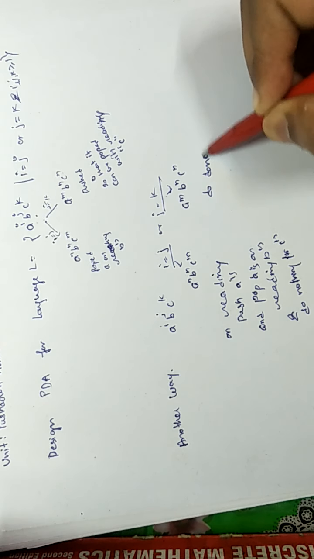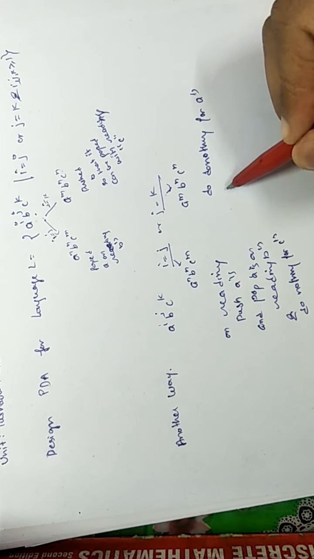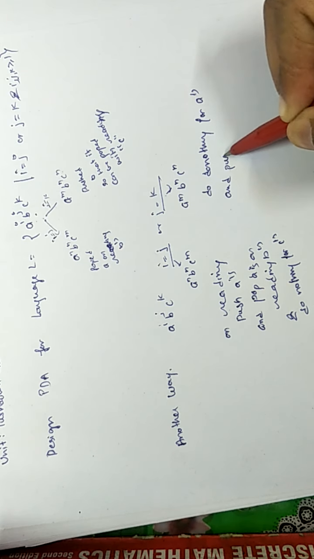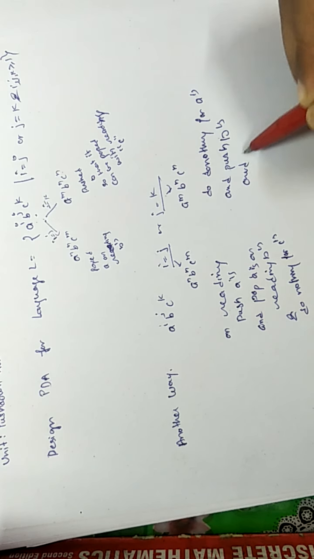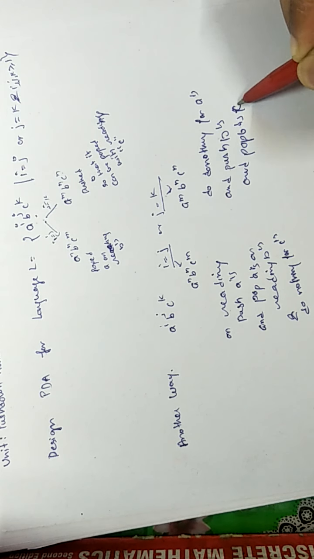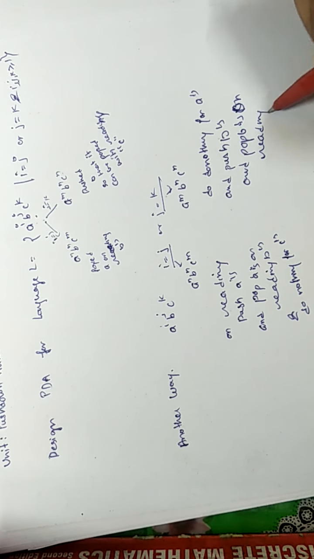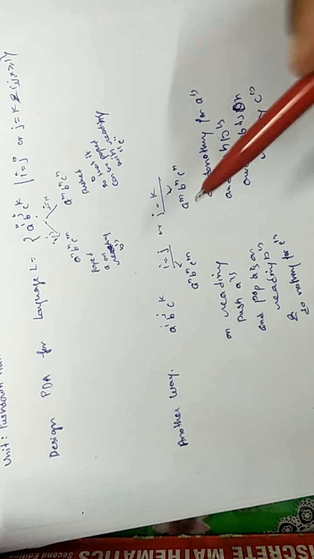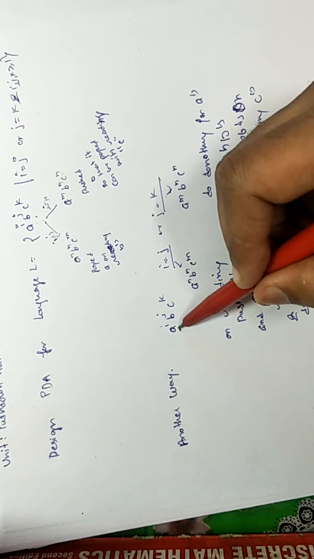And for j equal to k, do nothing for a's, push b's, and pop b's on reading c's. So here I am taking the decision on a.